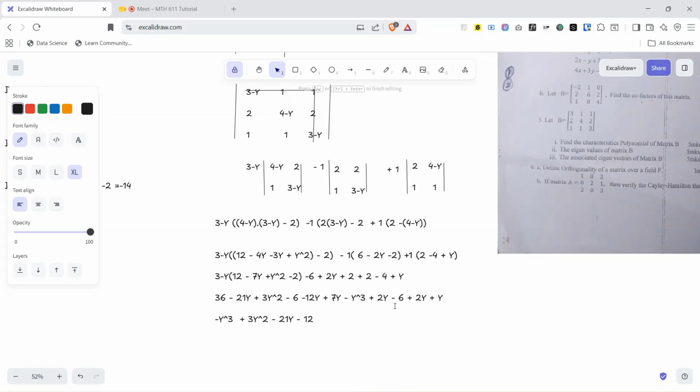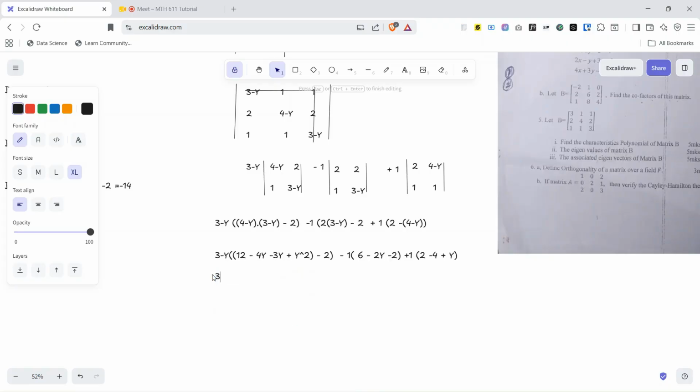So in multiplying this, 12 minus 4 minus 3, plus lambda square minus 2. I think where I got it wrong would be, let me go back from here.